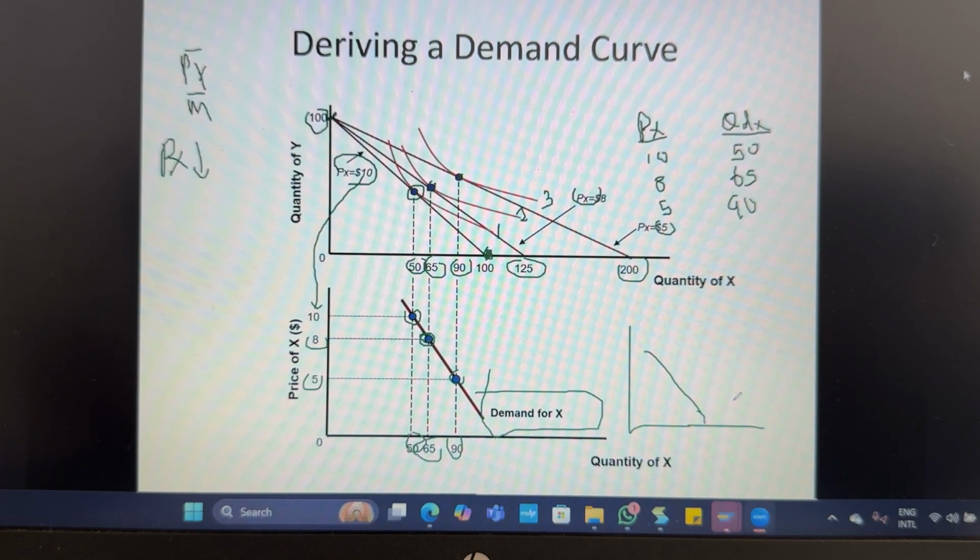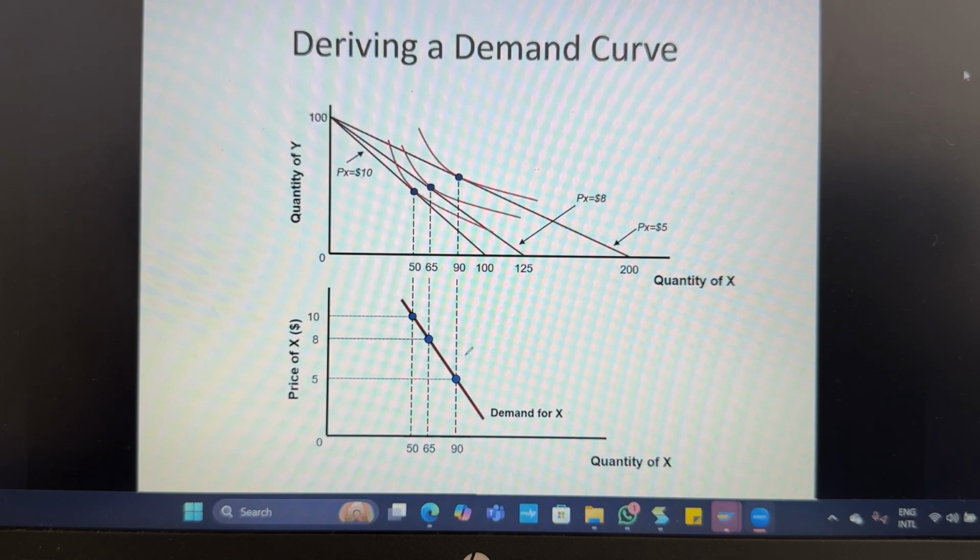Last time I gave this same question in the examination as well. This was my question, giving 10 marks. Explain how you can derive the demand curve for a commodity with the help of indifference curve analysis. This is the answer. Can you construct this in case I ask the same in this examination as well?